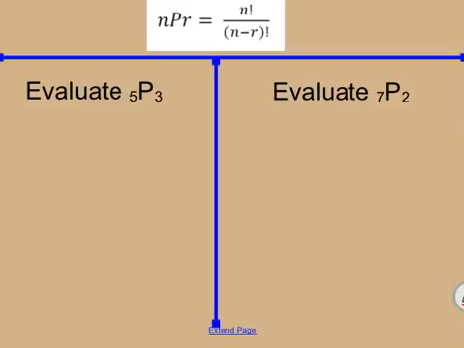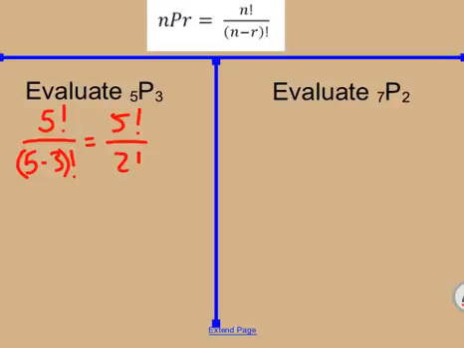Like I showed you with the 12, you are going to want to write 5 factorial over 5 minus 3. And I like to keep the parentheses. It'll always be a positive number in there, otherwise you did something wrong. It might be 0 sometimes, but that's just 1. We'll talk about that.